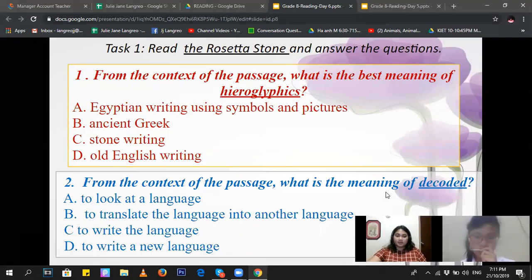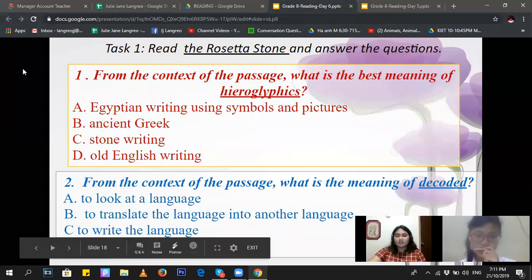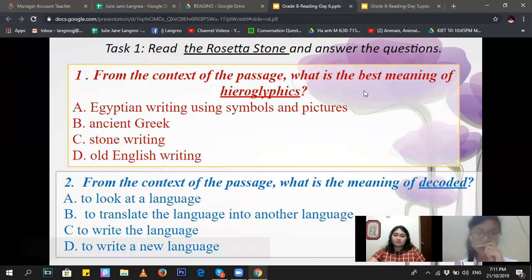Number one, from the context of the passage, what is the best meaning of hieroglyphics?